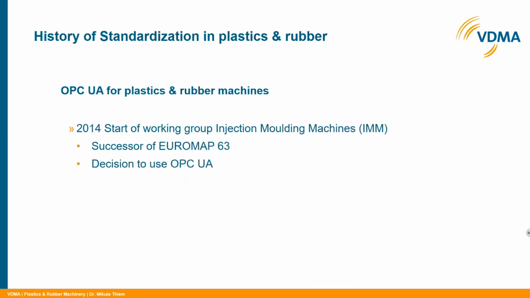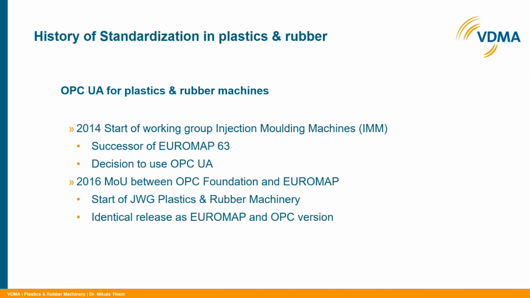And with the rise of information technology, the working group met again in 2014 to find a successor of EUROMAP 63 with a modern information technology. This group decided to use OPC UA for that, and so started to develop a recommendation and a standard. And this led to a memorandum of understanding between the OPC Foundation and EUROMAP in the year 2016.